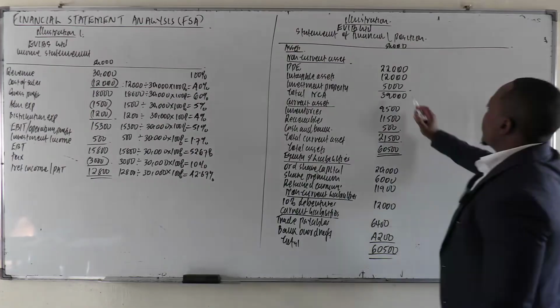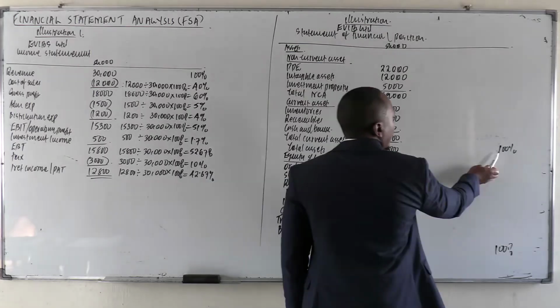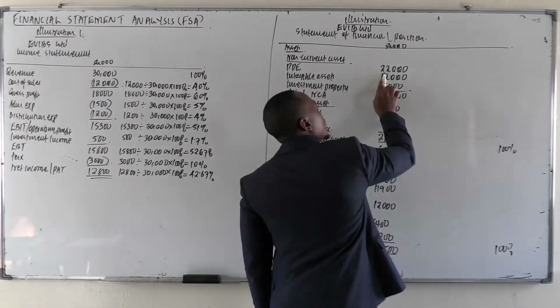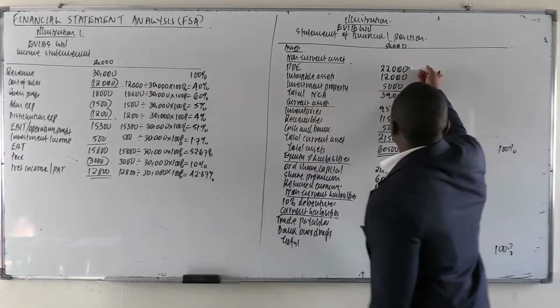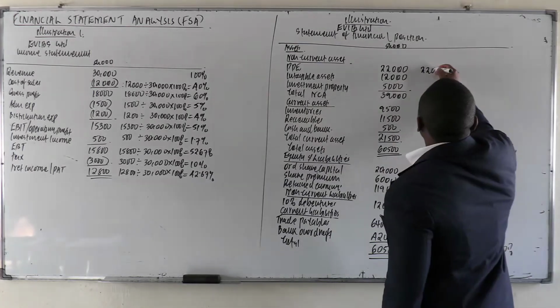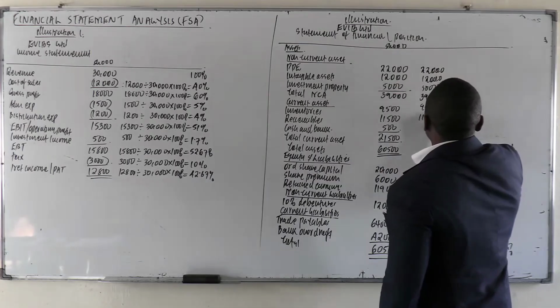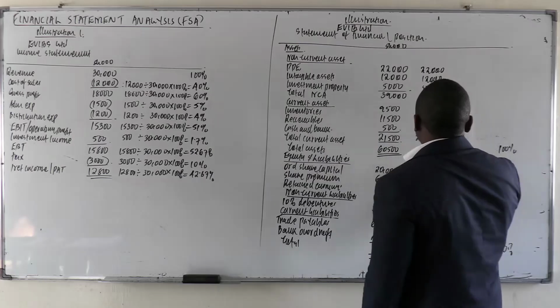So, for example, 6,500 is equivalent to 100%. What about 22,000? You take 22,000 and divide by the total assets.